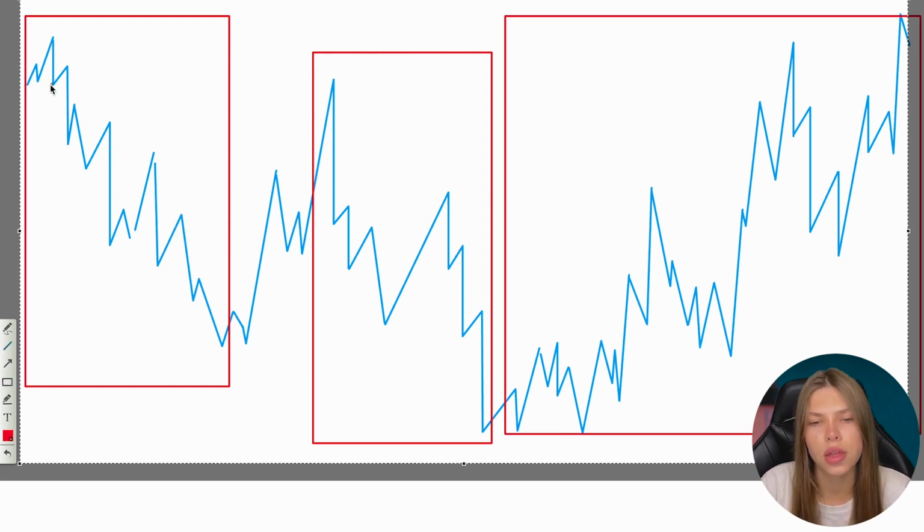To make sure that it is a downward trend, our lows should be updated. Here is our previous minimum, then the next minimum below the previous one has been updated, the next below is updated, the next below is updated. The trend is updated with every minimum below the previous one. Accordingly, we have a downward trend here.